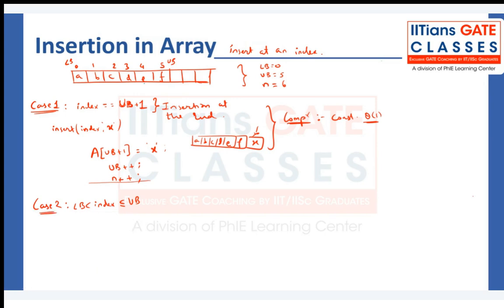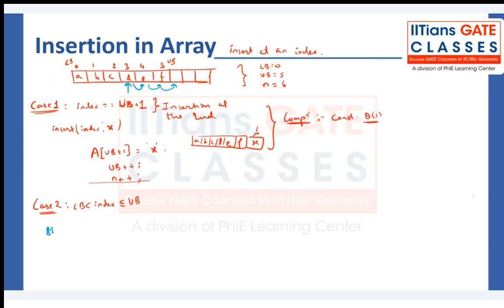So suppose I tell you, I need to insert it here. What would you do? First, you will need to shift all these elements by one position, right? And only when this position becomes empty can you insert your element here.